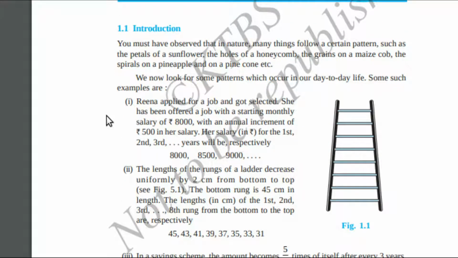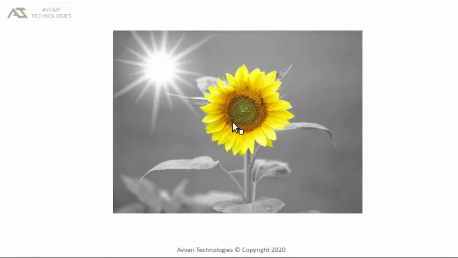So, you might have observed in nature that many things follow a certain pattern, such as petals of a sunflower. Sunflower and many other flowers have a unique pattern. In the first layer of the flower, say for instance we have 5 petals.